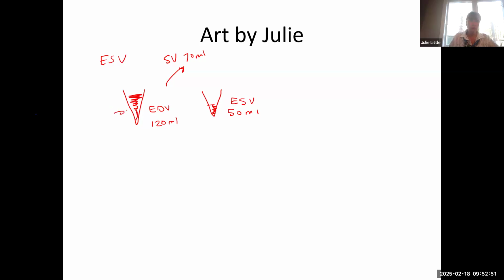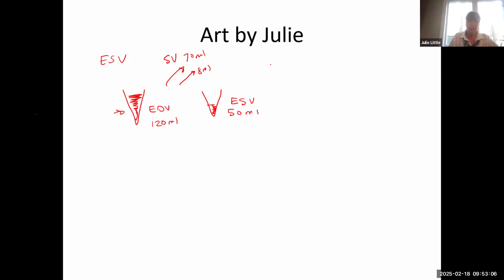What if that ventricle contracts much more forcefully, and instead of sending 70 milliliters out, it sends 80 milliliters out because it has a much more forceful contraction? How is that going to affect end systolic volume?